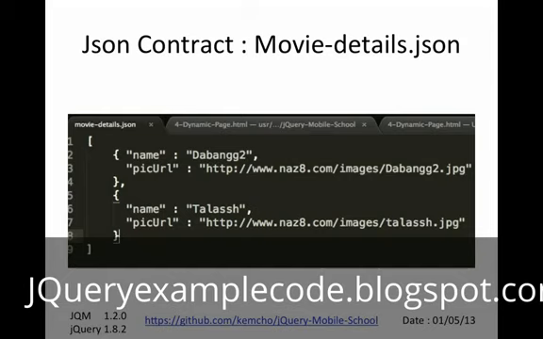JSON is JavaScript Object Notation. This one is basically two movie objects in an array, and it has a key-value way of specifying how to create a JSON object. So we create this JSON file, which is our contract for our app. Our app only understands this JSON file, and every time this JSON file changes, our app changes.